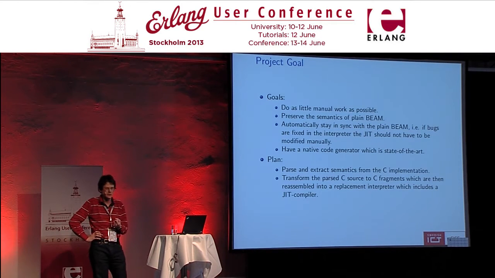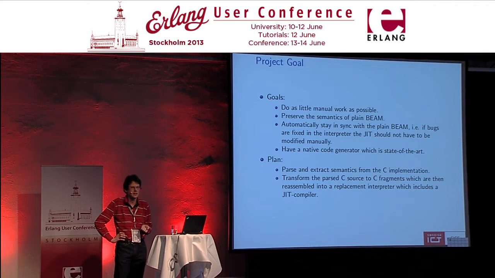I also wanted the JIT to stay in sync with the traditional implementation. So if the OTP people find a bug or add an instruction, it should automatically be possible to JIT it. I shouldn't have to keep up with them.